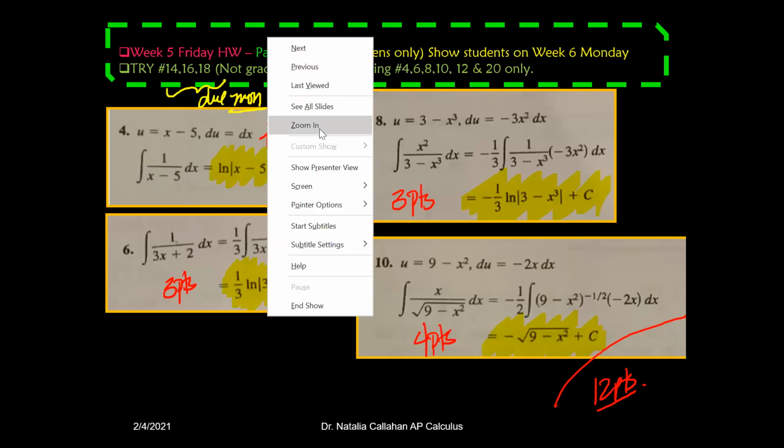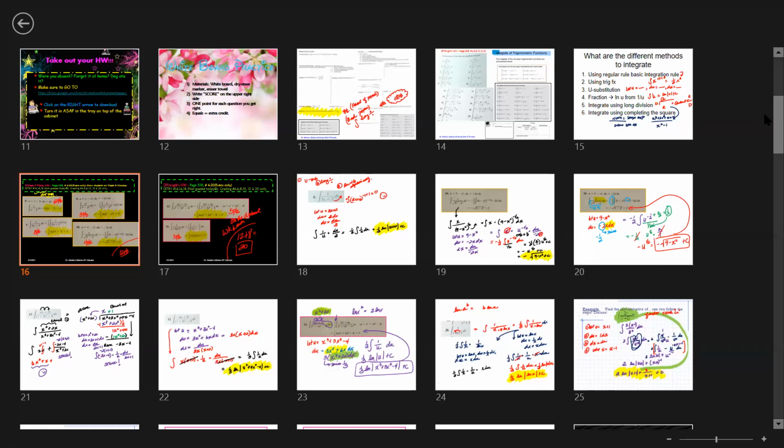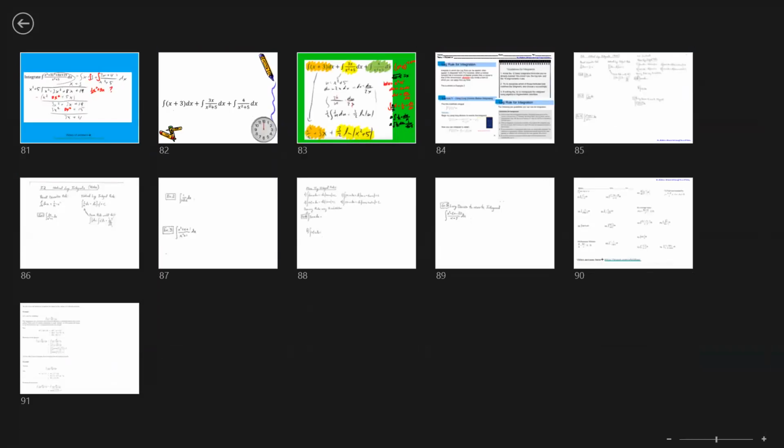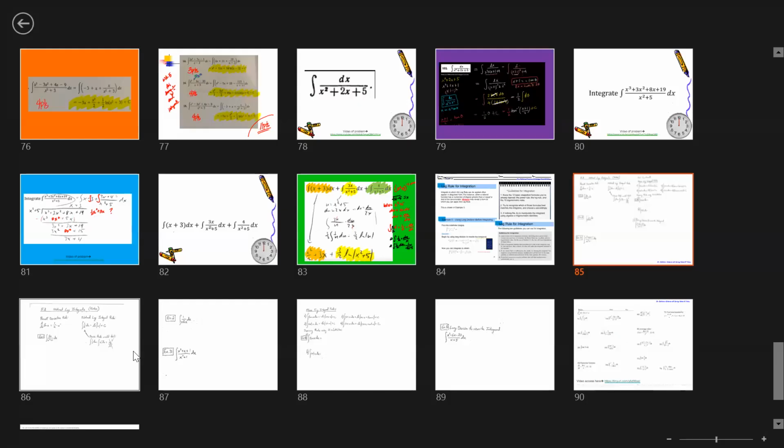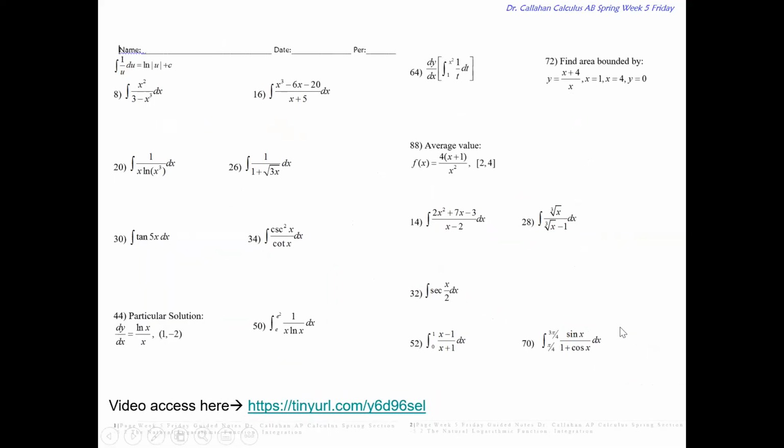All right, you guys, let's take a look at our notes for today. Here we go. This is your first page. We're going to go over 5 different examples today. Then, of course, you have your second page.